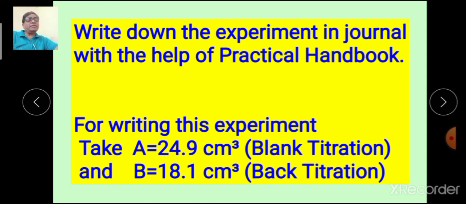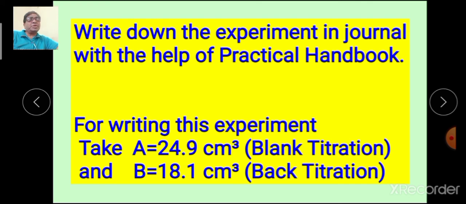For writing the journal, you require the blank titration and back titration readings, and therefore take A equal to 24.9 cubic centimeter, that is for blank titration, the constant burette reading I am giving, and for back titration it is 18.1 cubic centimeter. This is the CBR, and therefore mention the other readings.